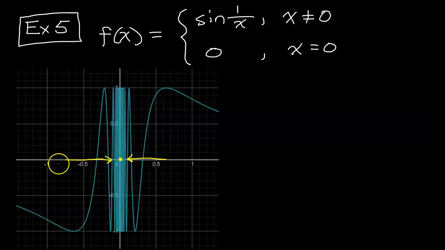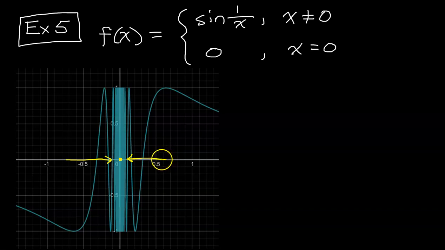The problem is, the limit as you approach 0 from the left does not exist, because the function keeps alternating back and forth between positive 1 and negative 1, positive 1, negative 1. It never stops switching back and forth. The closer you get to 0, it keeps alternating between positive 1 and negative 1.